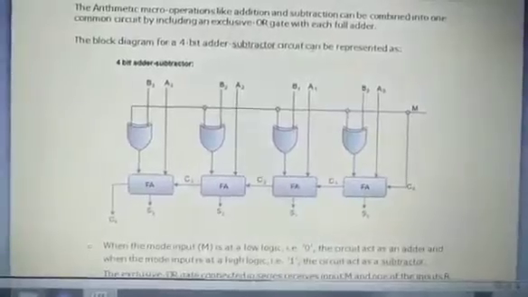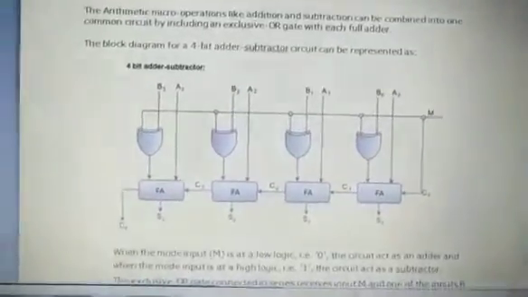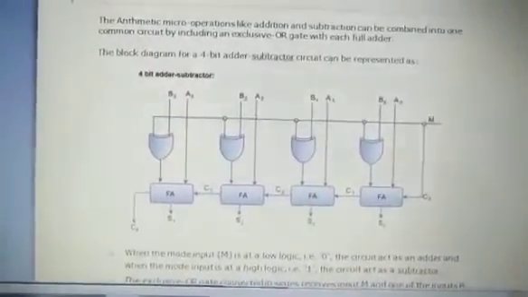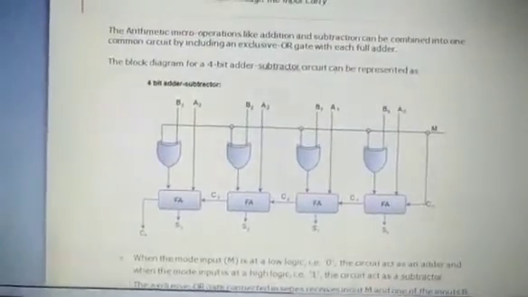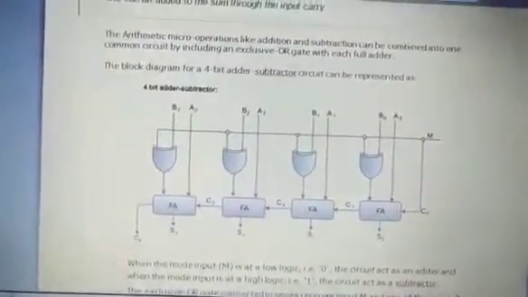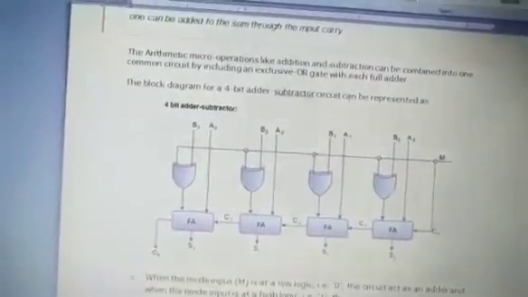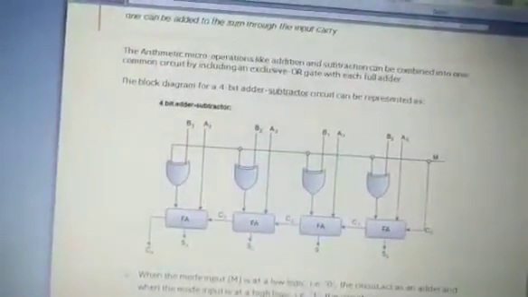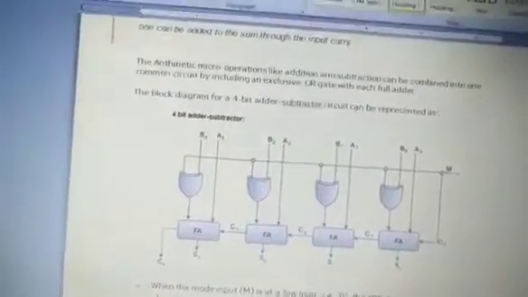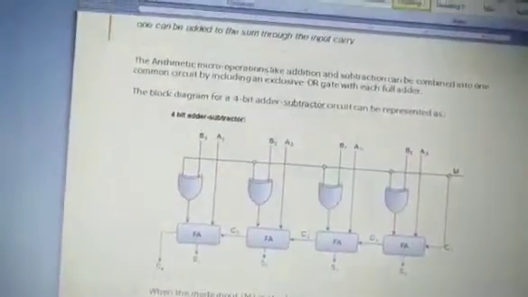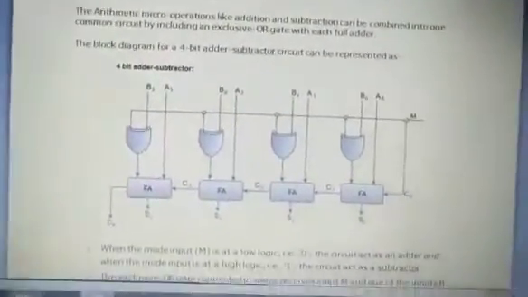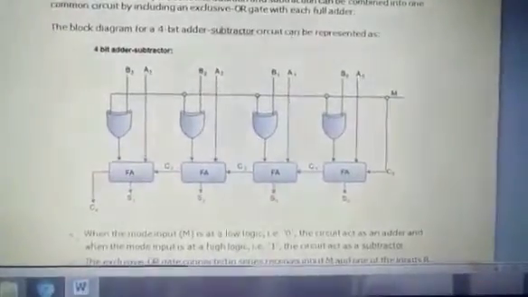So one circuit can act like an adder or like a subtractor, depending upon the input we pass through the control input line, here M. If you pass 0, it will act as a 4-bit adder circuit, and if you pass 1, it will act as a 4-bit subtractor circuit.